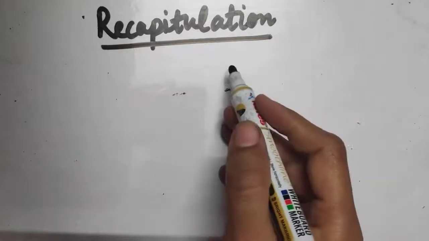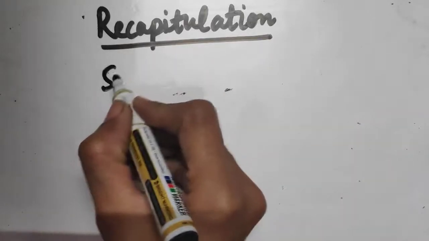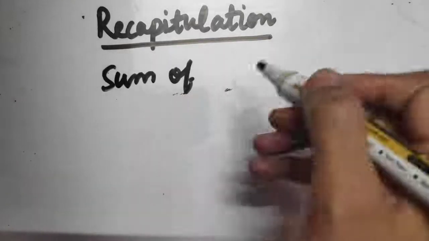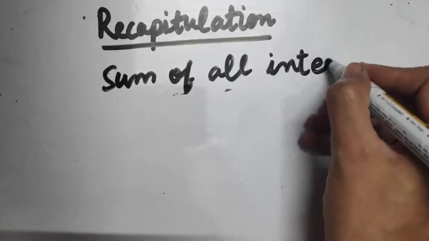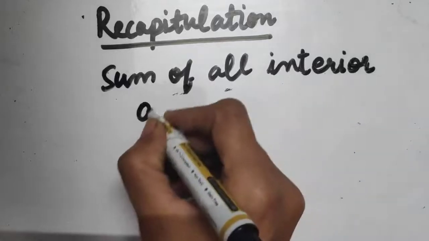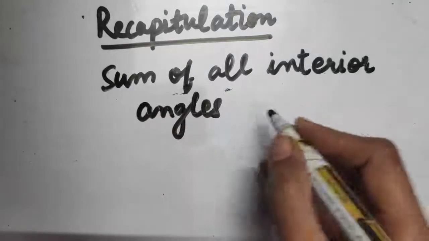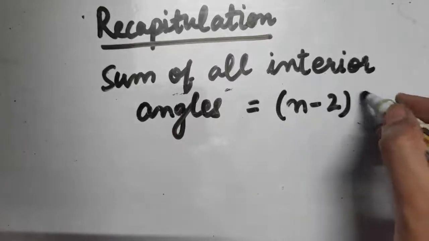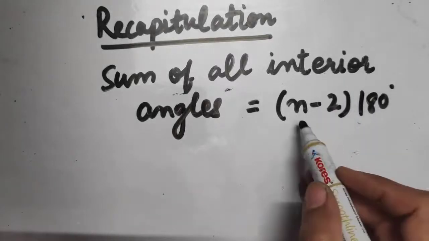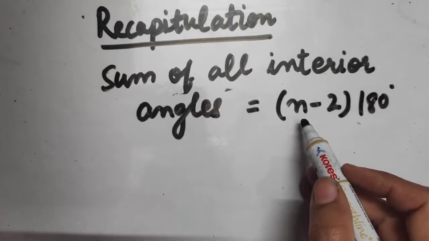So let us recall now what is the measure of sum of all interior angles of n-sided polygon. This is given by the formula n minus 2 into 180 degrees, where n are the number of sides of a polygon.